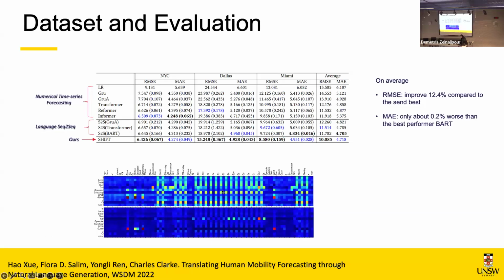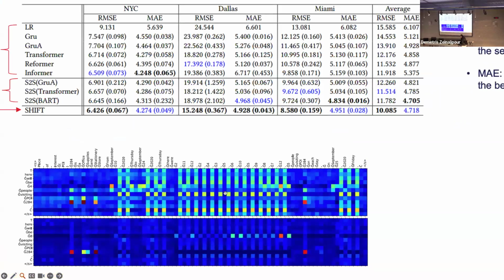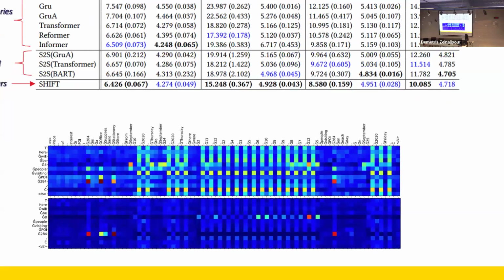And we looked at the alignment between the two branches and the attention mechanism. It looks like the model is capable of associating certain numerical patterns with certain semantic categories. So it's actually learning that way.